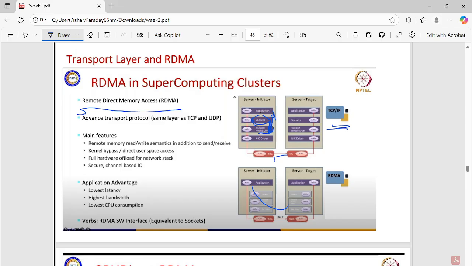If we have two servers, say two GPU enabled, and we try to connect them, we will be able to get around 100 to 700 nanoseconds because we are able to bypass all these points.